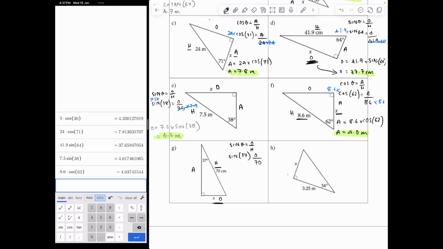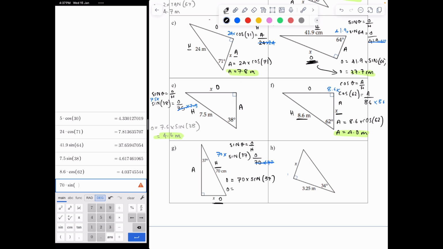We want to get O by itself, so let's get rid of the 70. Times this side by 70, that means we times this side by 70. So, writing this neatly, we've got O equals 70 times sine 37. Let's type this into our calculator, 70 times sine 37.